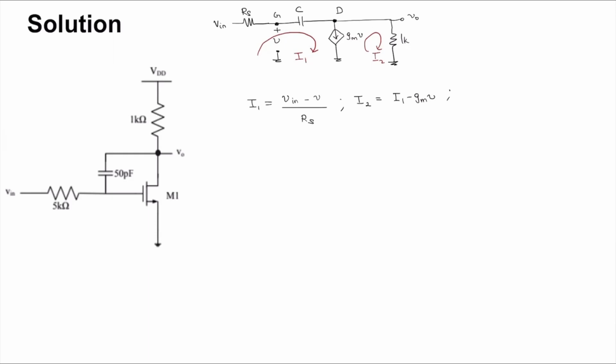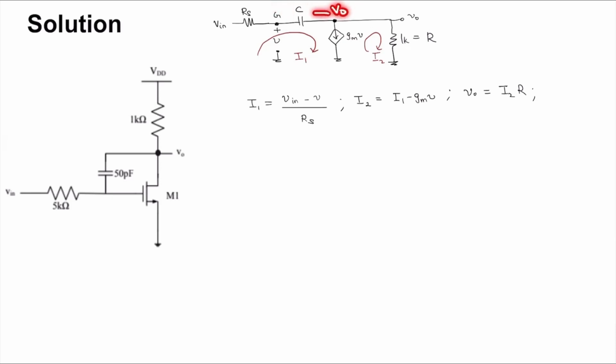Third, we have Vout, which is just I2 into, let's call this the resistor R. So we have Vout is equal to I2R, and the final relationship is Vout and I1 into 1 by SC. That is, we have the drop across this capacitor and Vout.